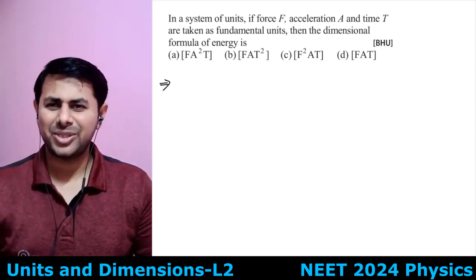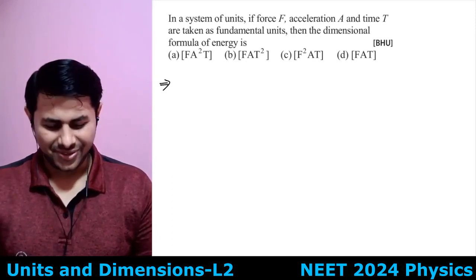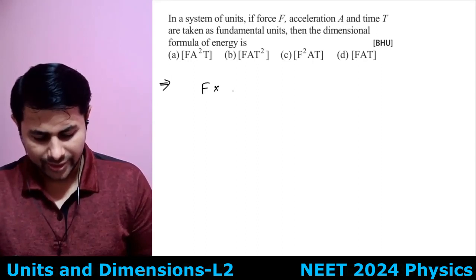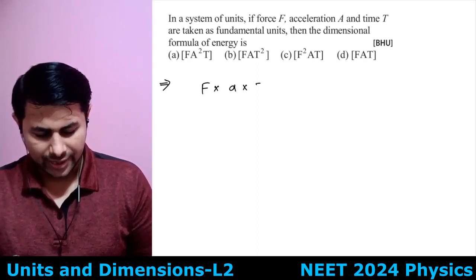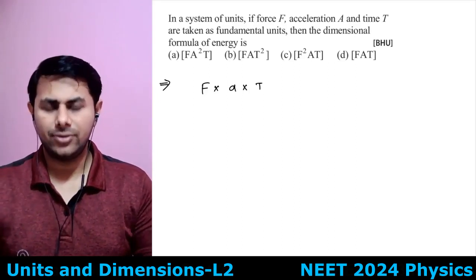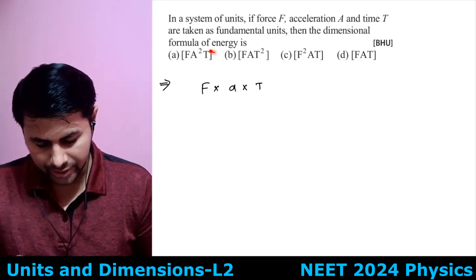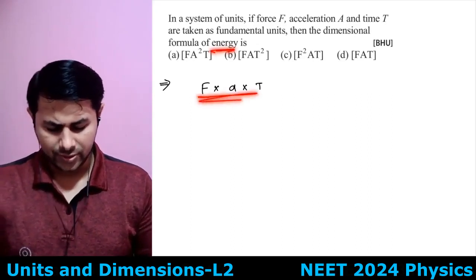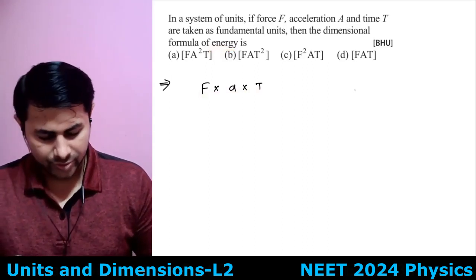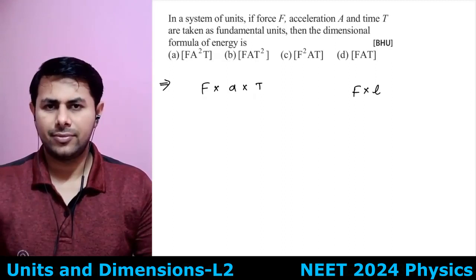Shall we do the whole process? No. We have force, acceleration and time, so let's try to build a quantity having dimensions of energy using these. Can we do it fast? What is energy in terms of force? It is force multiplied by length.